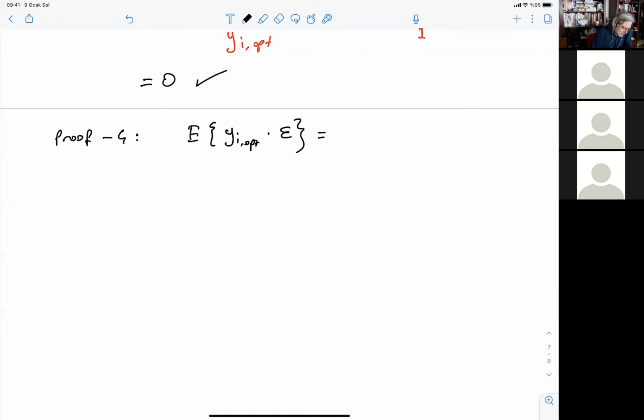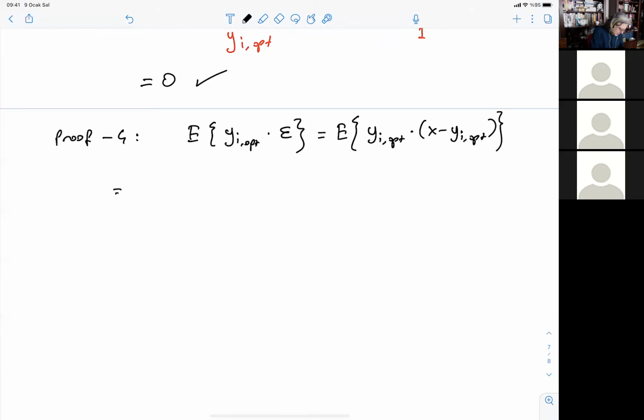I will use a trick which is somewhat similar to the one that I used for proving the second part, which was the expectation of yi optimum times x minus yi optimum, because epsilon is x minus yi optimum.